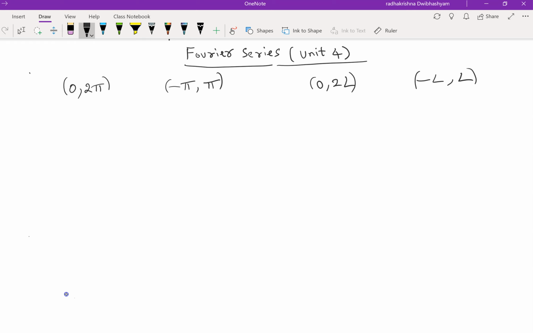Now if you observe, in 0 to 2 pi, there are two types: for continuous function and for discontinuous function. Now in the interval minus pi to pi, again there are two types, continuous and discontinuous.